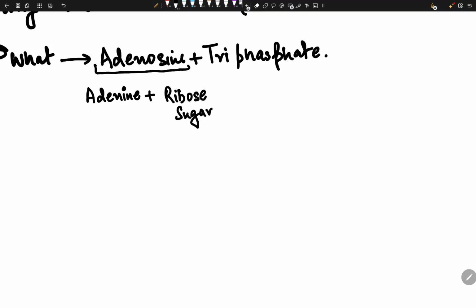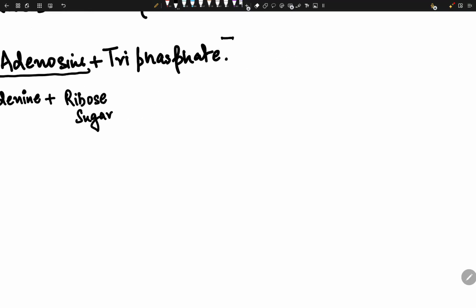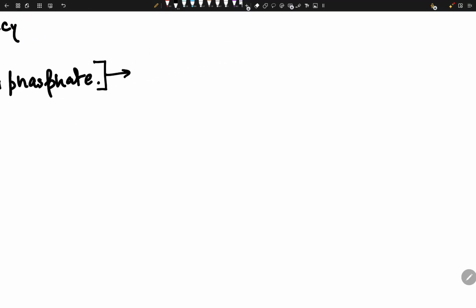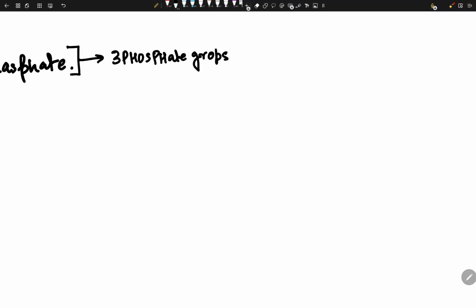That's important, and these two form adenosine. What about triphosphate? Well, these are three phosphate groups. They are attached to each other. Conceptually, they are attached like this. That is adenosine, then attached phosphate, then bond, and phosphate.